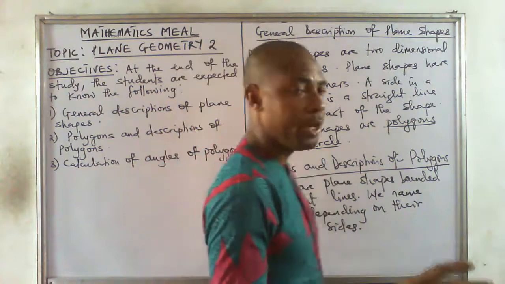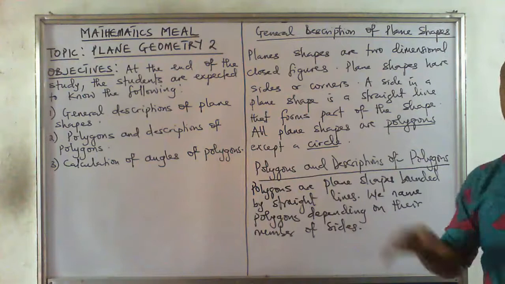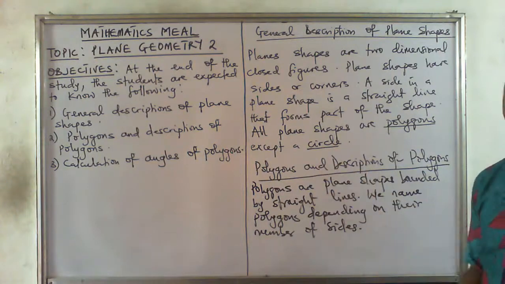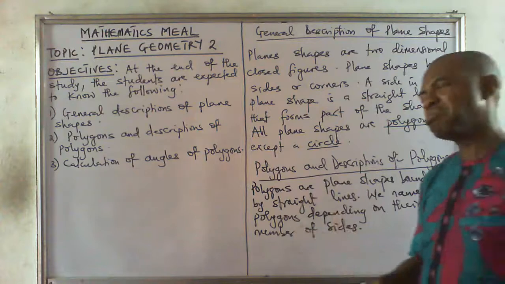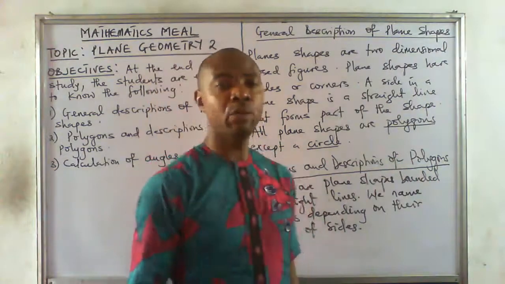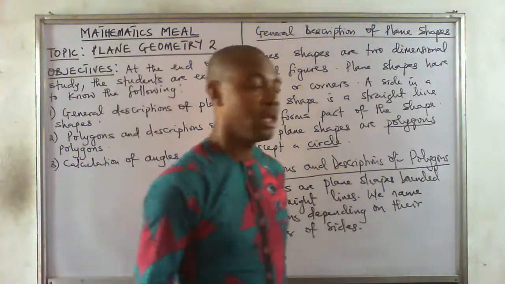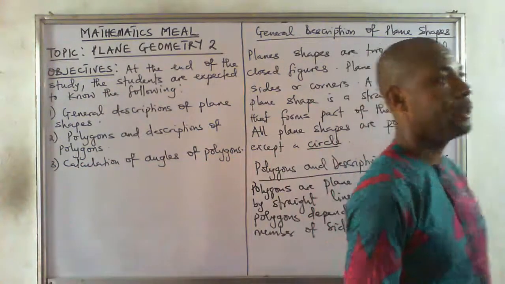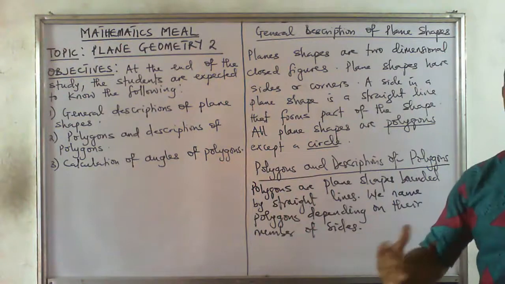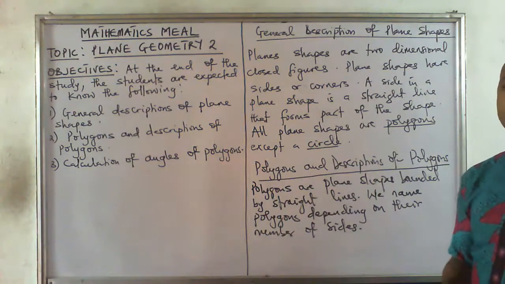The name given to any polygon is dependent on the number of sides present in that polygon. So we are going to put up a table that will give us names of some polygons and few other things that we need to know about polygons, because we are talking about general descriptions of polygons. So we have to look at a table that will consist of polygons and few other things that are necessary that we know about polygons.